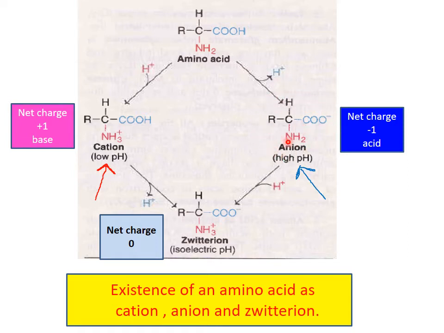So this form is the fully deprotonated form of amino acids, where the net charge is -1. And this form, as you know, is the zwitterion form, where the net charge on the amino acid is 0. +1 and -1 is equal to 0. So it happens when the pH is at the isoelectric point.